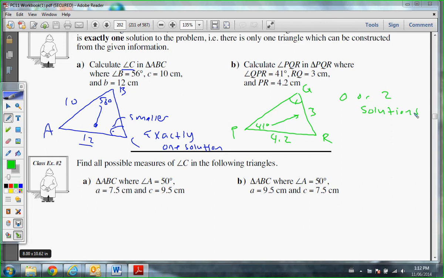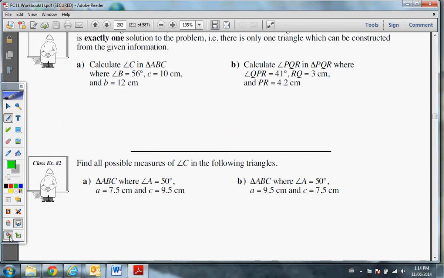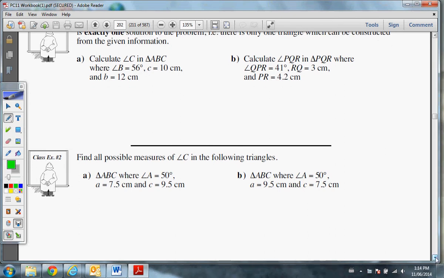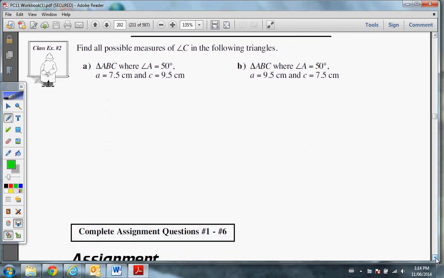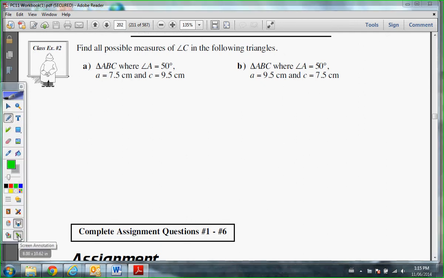Okay, and then actually doing the work with the ambiguous case. Find all possible measures of angle C. It's the last thing today. In the following triangles, I have triangle ABC. Angle A is 50 degrees, a is 7.5, and c is 9.5.